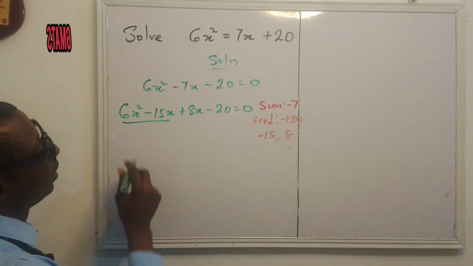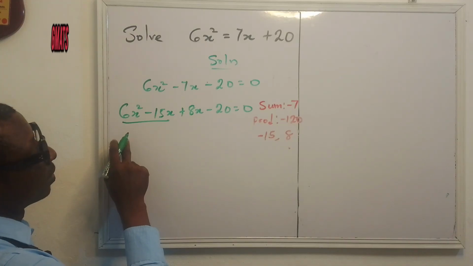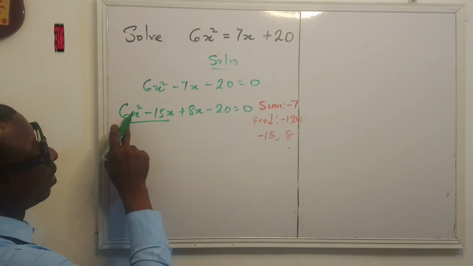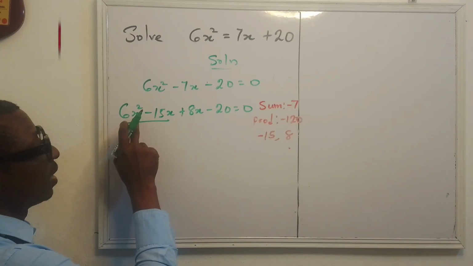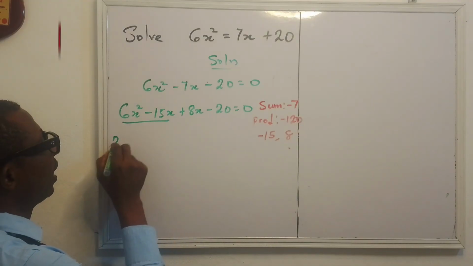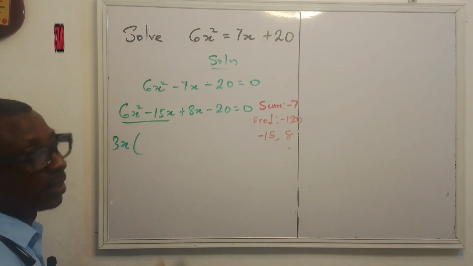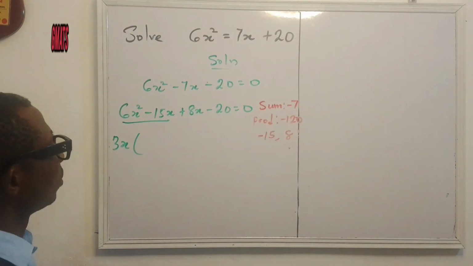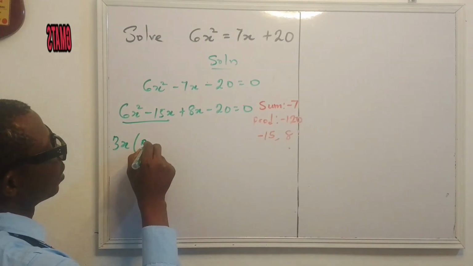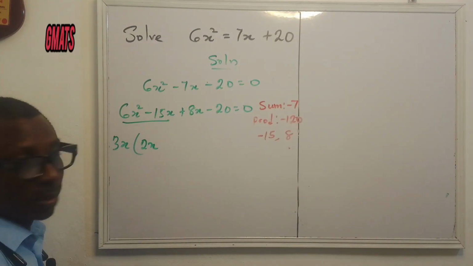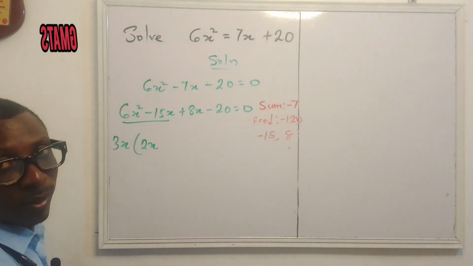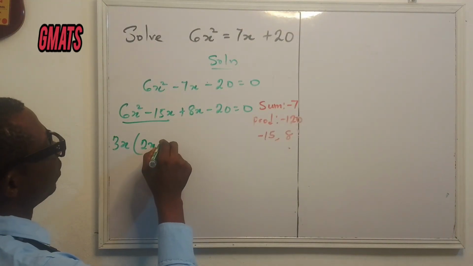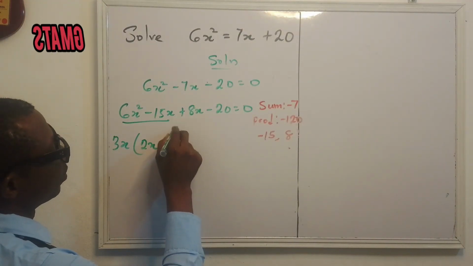The GCD is 3x. Now 3 can go here and 3 can also go here, x can go here, x can go here. So we have 3x. When you divide 6x squared by 3x, what do you have? You have 2x. Now divide this by 3x. What do you have? You have negative 5.